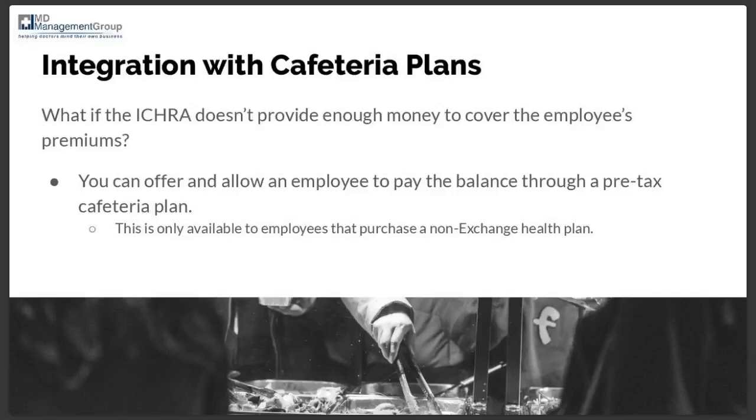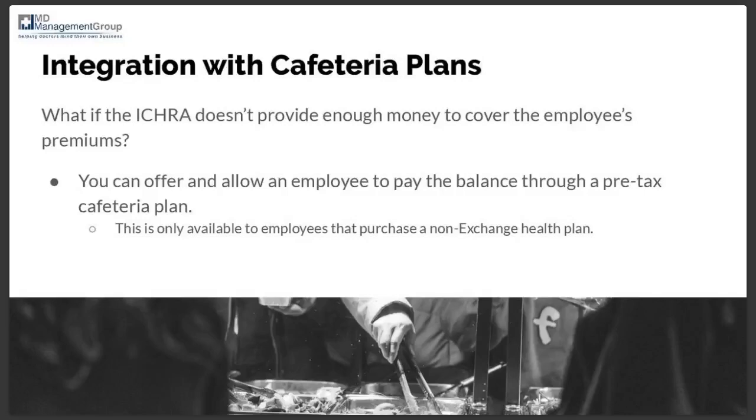Okay, let's talk a little bit about the integration with cafeteria plans. I mentioned earlier in conversation that we would have a Section 125 plan. Sometimes they're called flexible spending arrangements. They'll be called cafeteria plans.